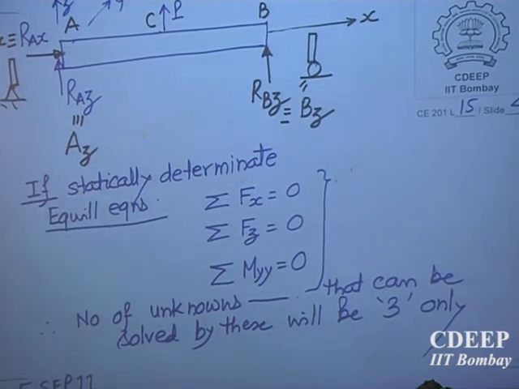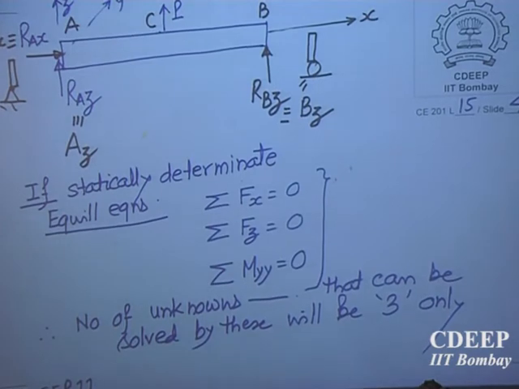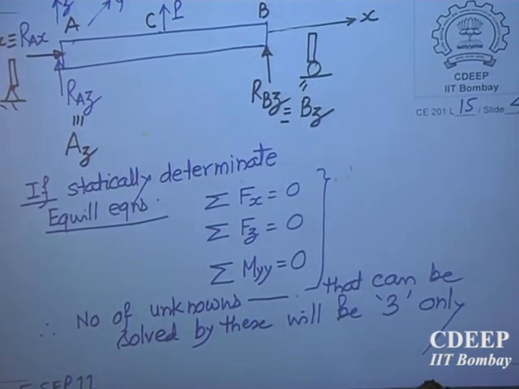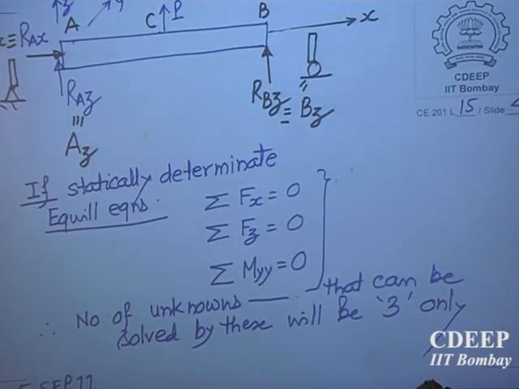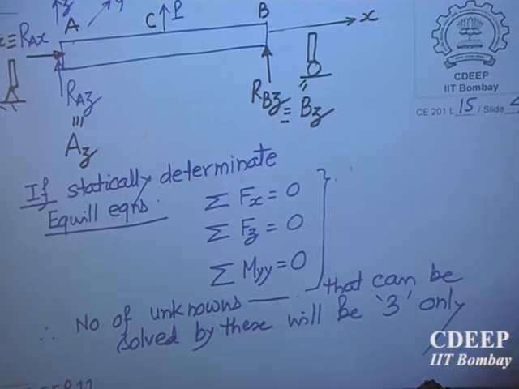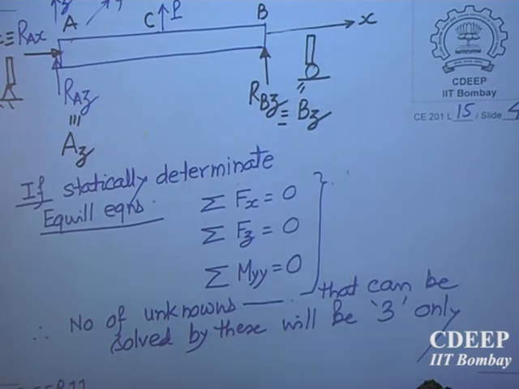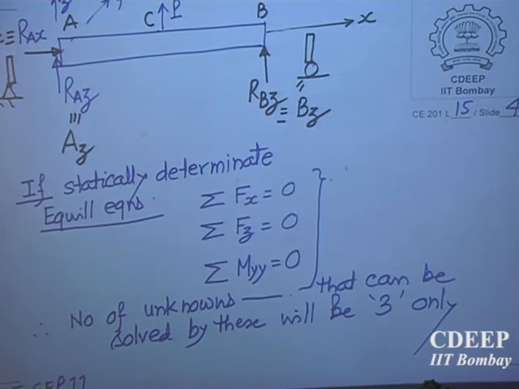Can it be less than three? Supposing, yes, you say yes, it can be less than three. Yes sir, tell me, you are nodding the head, yes, it can be less than three. How, when will this be less than three? If it is less than three, that means the number of unknowns is less than the number of equations. When is it possible?